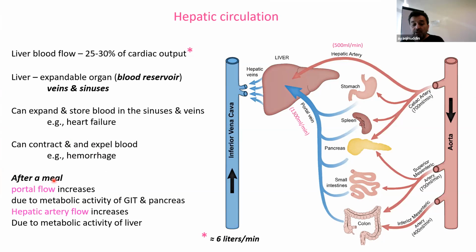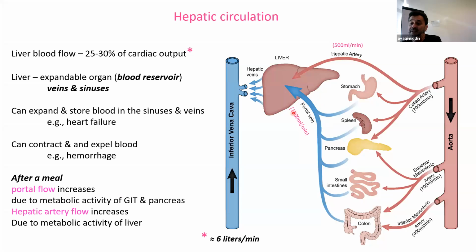What you need to know is that after a meal, the portal blood flow increases due to the metabolic activity of the GI tract. Most of the blood coming to the liver is 1300 ml per minute from the portal vein and 500 ml from the hepatic artery. So this is oxygenated blood, and this is deoxygenated blood.